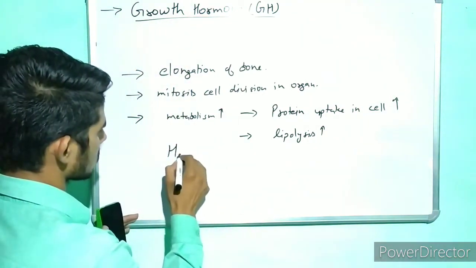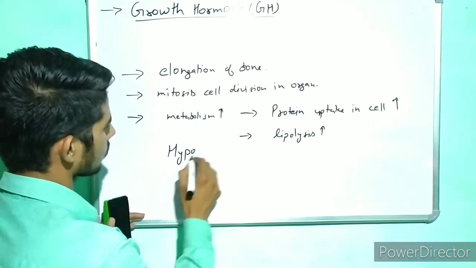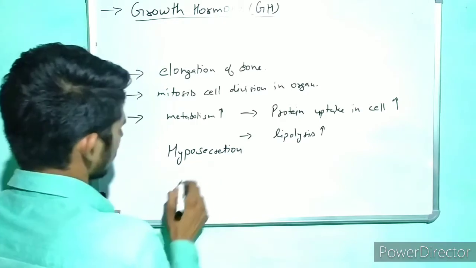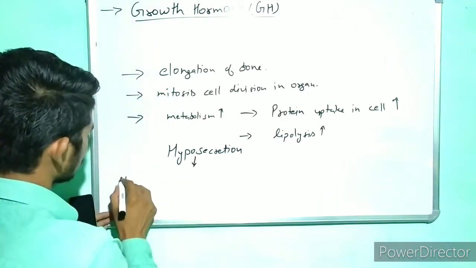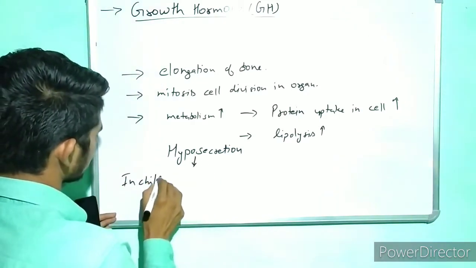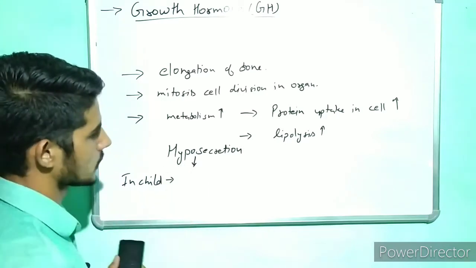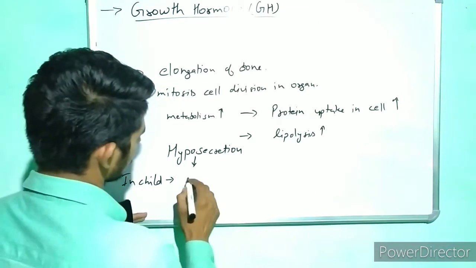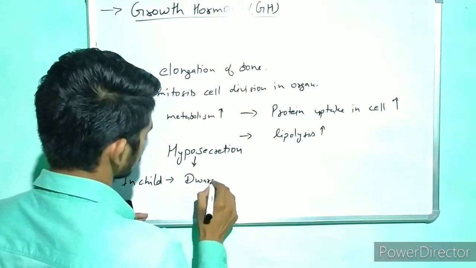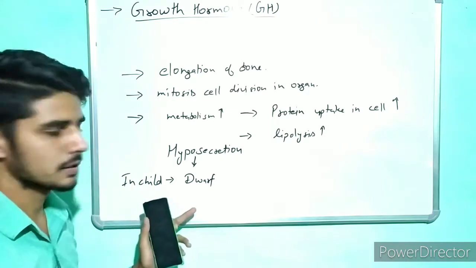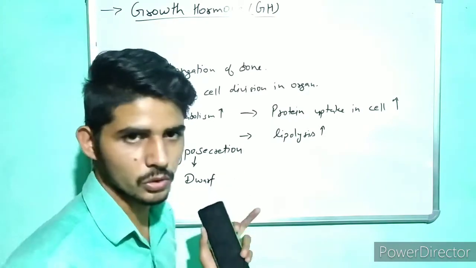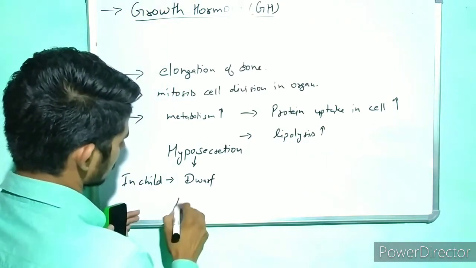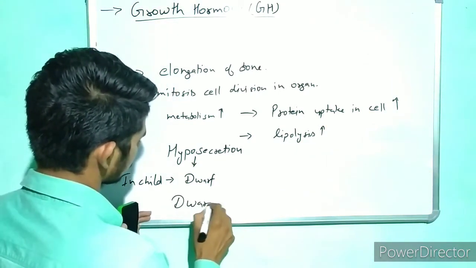Due to low secretion, meaning hyposecretion, in childhood, due to low secretion of growth hormone in our body, the child is a dwarf. The child's height is low, but the overall growth is normal. So this disease is called dwarfism.